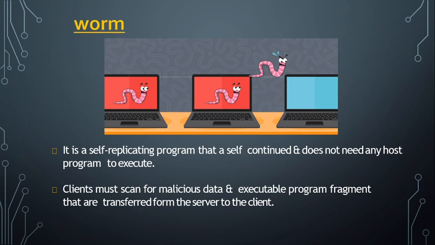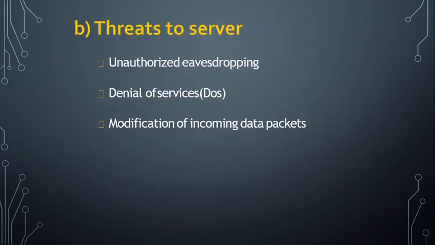Whenever you are downloading an application, it's always better to scan your computer to see whether there is any threat, and if there is, it's better to avoid such things, because it is very harmful to your computer. Those three were some of the important threats that often happen to a client device.